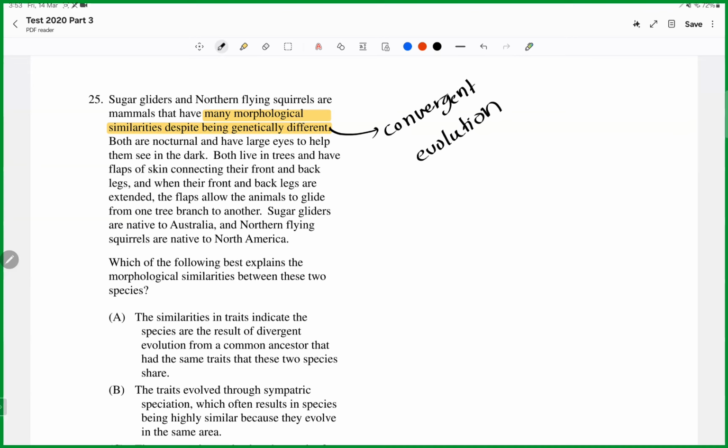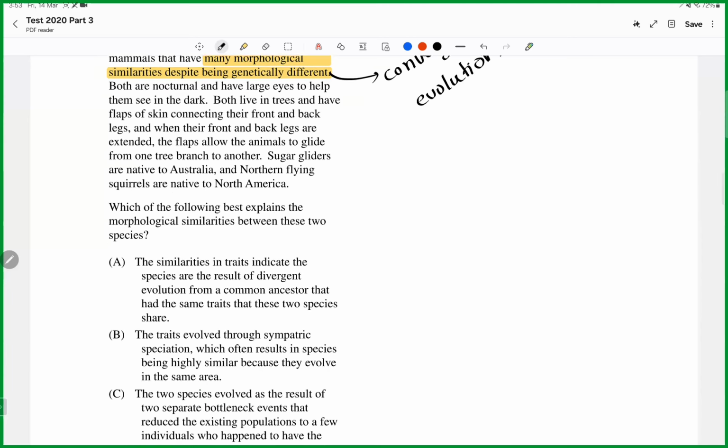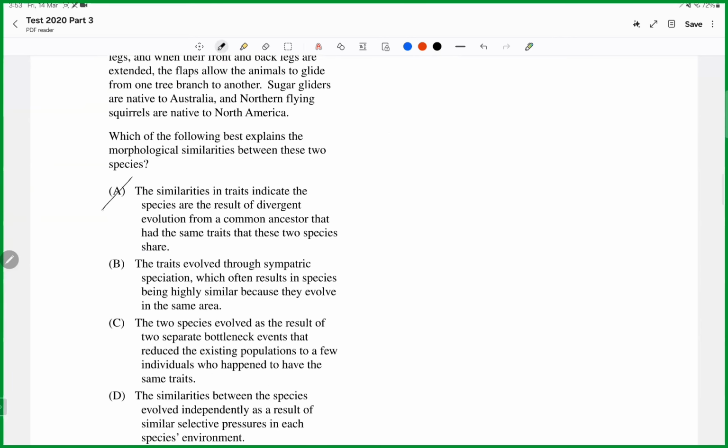Okay. Now, they both live in trees. They both have flaps of skin. And they can glide from one tree to the other tree. But one lives in Australia and one lives in North America. So, how do they have those similar morphological features? So it's not divergent, where there was one common ancestor.